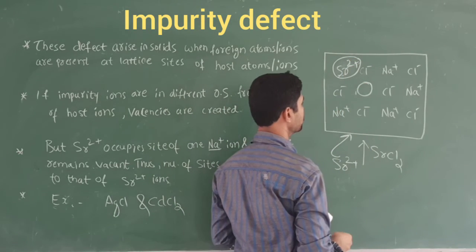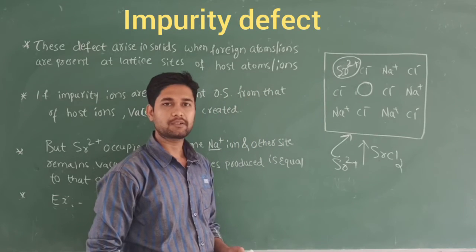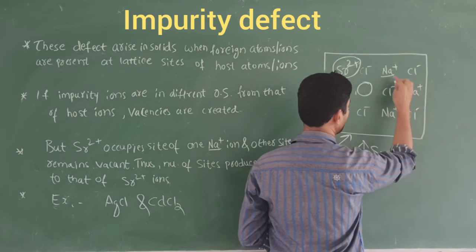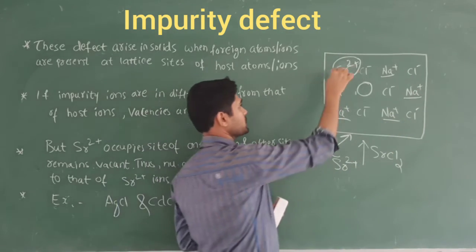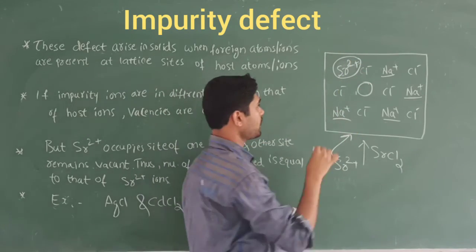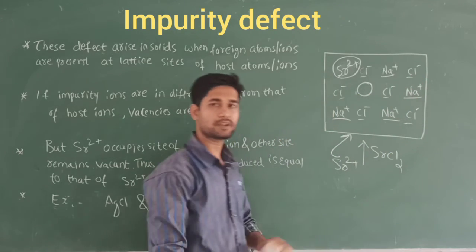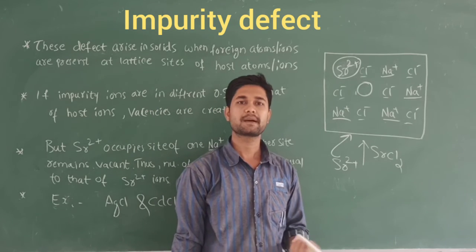Let's check here. 1 Na plus cation, 2 cation, 3, 4, so 4 plus charge will be there and plus 2, that is plus 6 positive charge. The remaining anions are 1, 2, 3, 4, 5, 6, so 6 negative charge and 6 positive charge. Then the electrical neutrality is balanced.